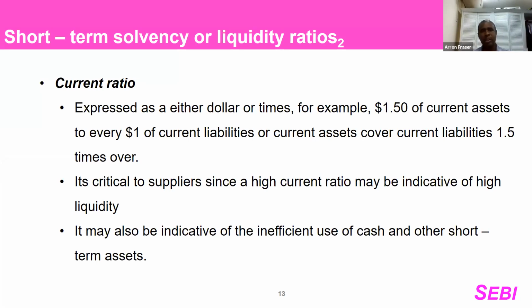But of course, some ratios will be of more interest to some people. The persons on the operational floor, the credit controllers, would be more concerned about the ratios that we just covered. Bankers would look at these ratios, and in addition, some we will cover a little later.